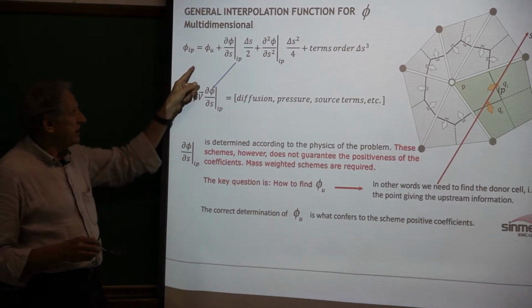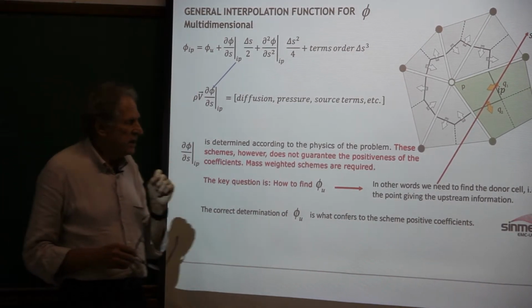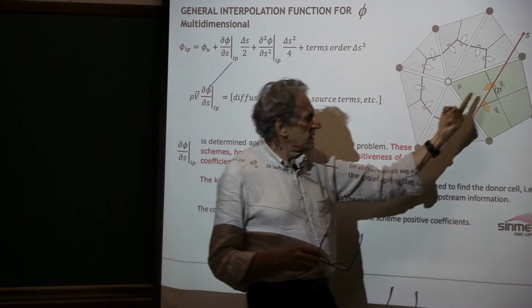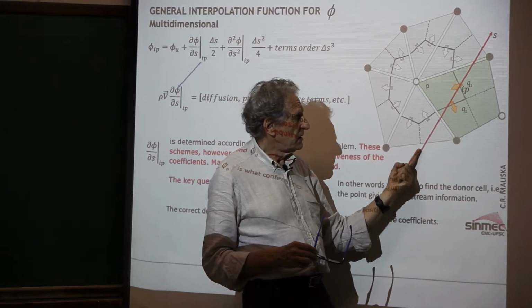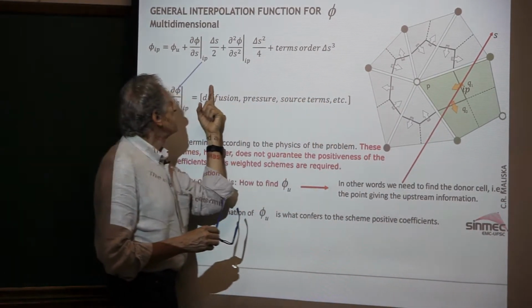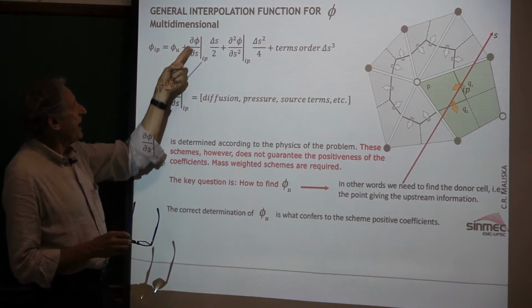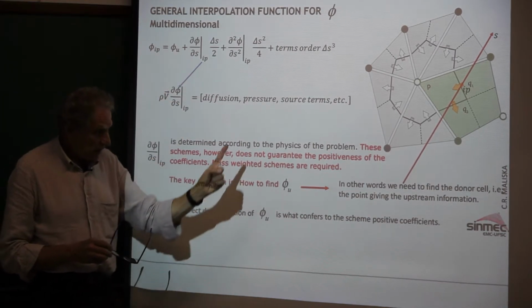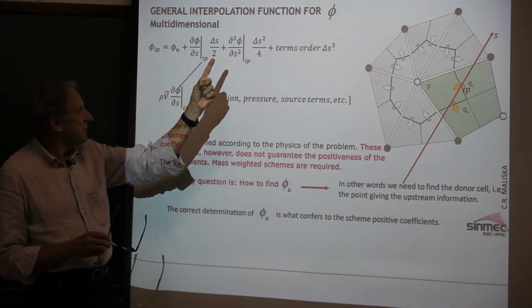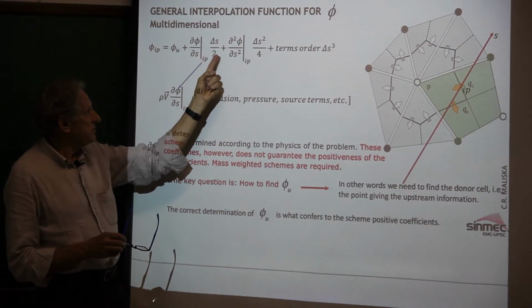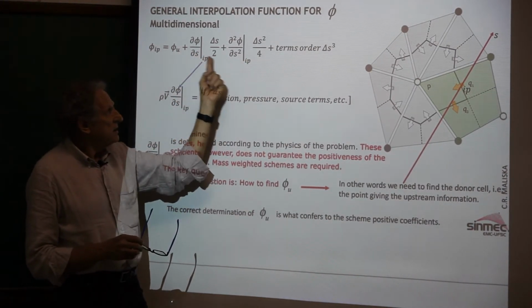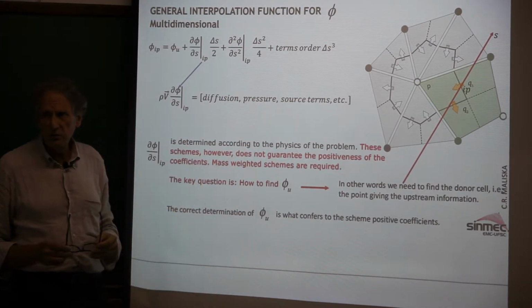So the phi at the integration point can be written as an upstream phi plus how phi changes along the streamline: first derivative, second derivative, is an expansion that you can do here.